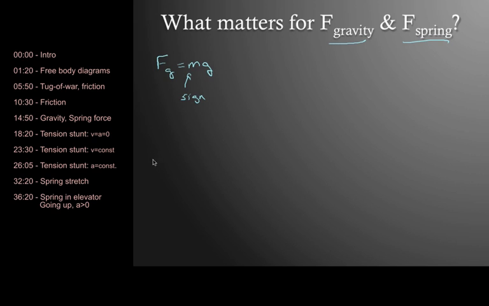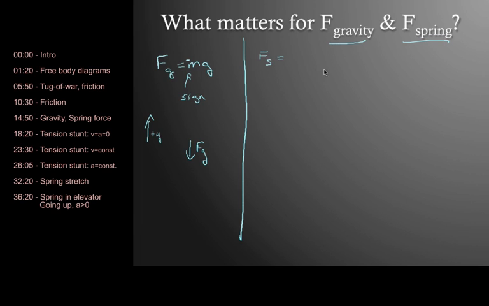You need to look at where your plus y or x or whatever direction is, and then gravity will always be pointing down. So you should really have a minus here if this is your F_g. The important thing with gravity is to look out for this minus sign and make sure that you're always drawing things out.